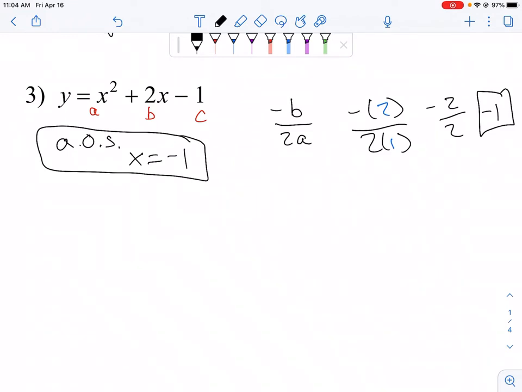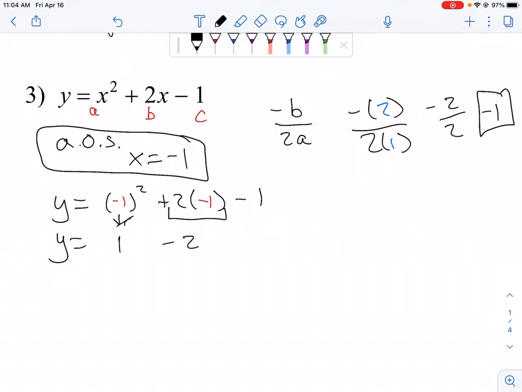And then we just use that, and we're going to replace x in our equation with a negative 1. So I'm going to use a negative 1 and a negative 1. So negative 1 to the second power is positive 1. 2 times negative 1 gives us negative 2, and we still have minus 1 here.